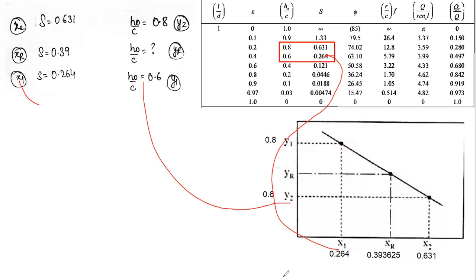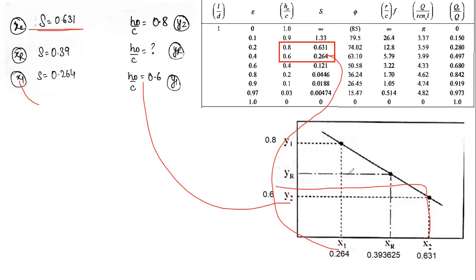Same way, if I see X2, 0.631, I'll get a Y2 value, which is 0.8.